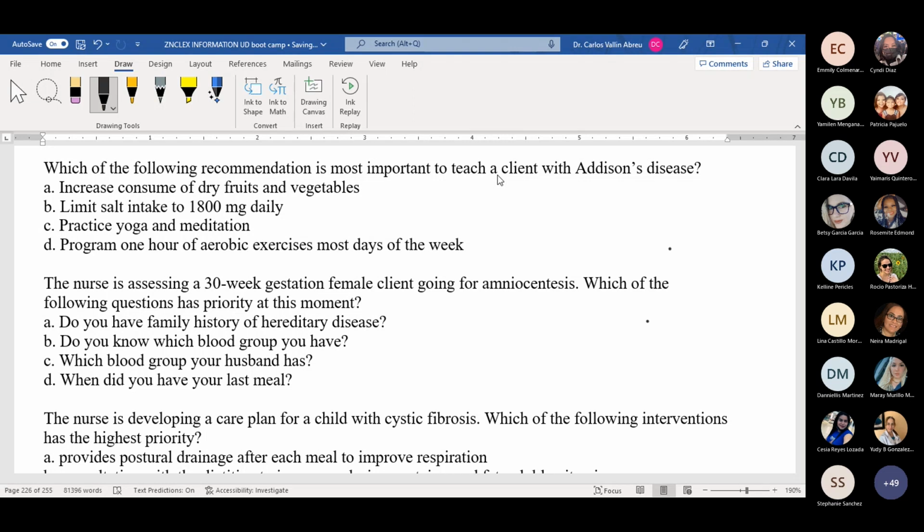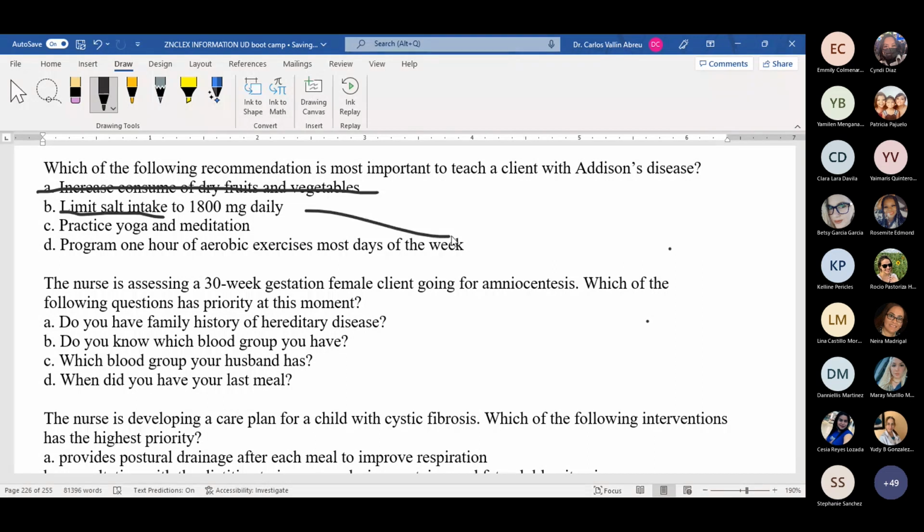Makes sense? It's like helping, because sometimes in the test we are nervous and mnemonics can help us. So that's why increasing the intake of dried fruits and vegetables that are rich in potassium is not a good recommendation. And we mentioned already that with low sodium, you should not limit the salt intake.